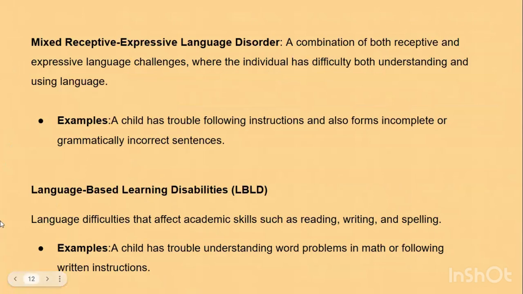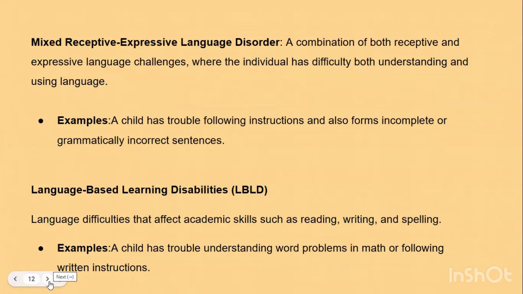All right, so mixed receptive-expressive language disorder. This is basically a combination of both receptive and expressive language challenges, where the individual has difficulty both understanding and using the language. So this is where you cannot produce the language properly and you lack the ability to understand what someone is saying to you.